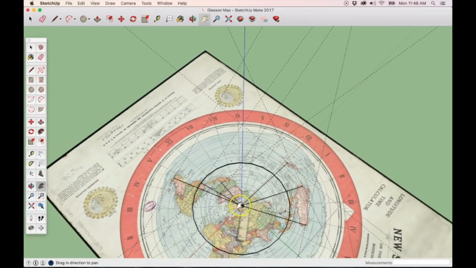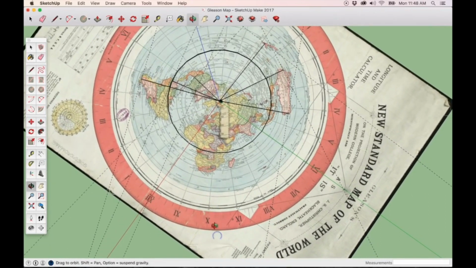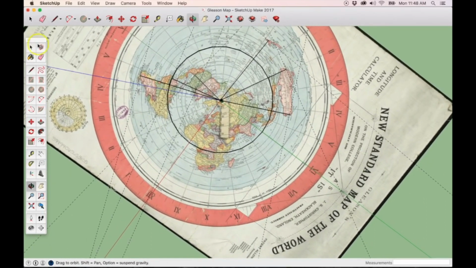We'll do Cape Town. How does that sound? So we'll draw a line from Cape Town up to the North Pole, grab the protractor, snap off of this. So they see the sunrise over here and set over here.